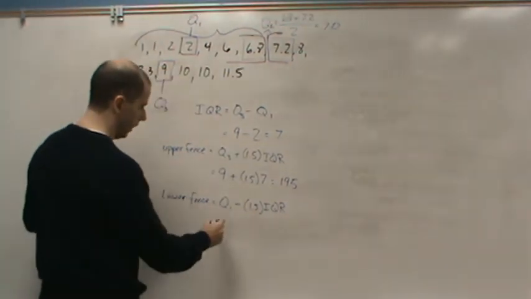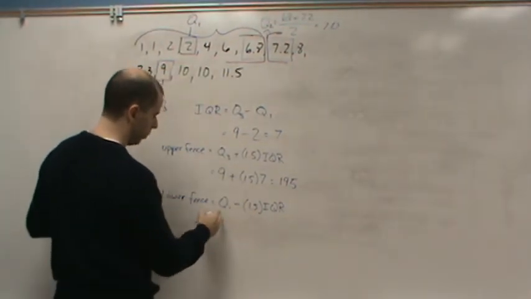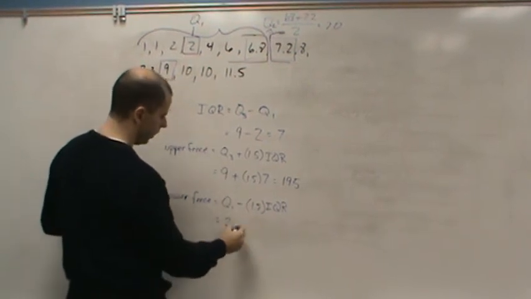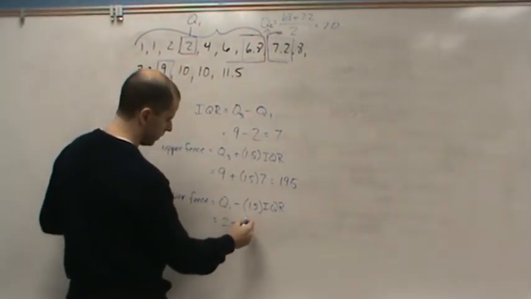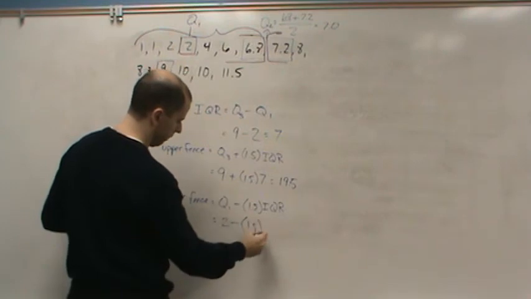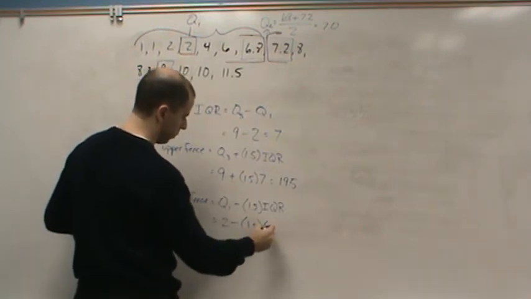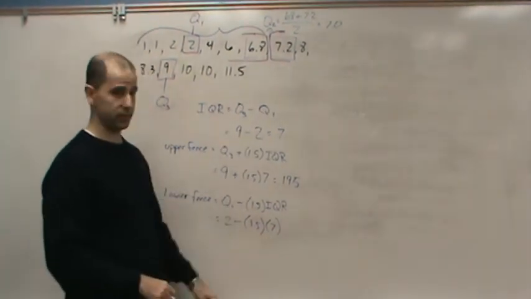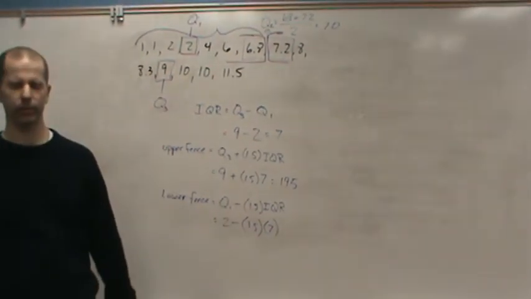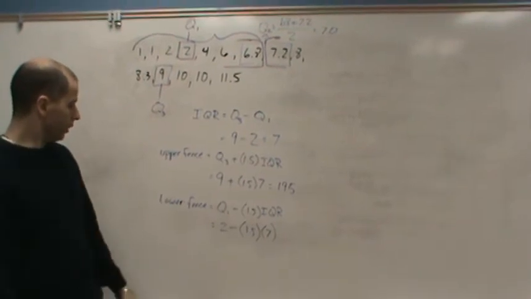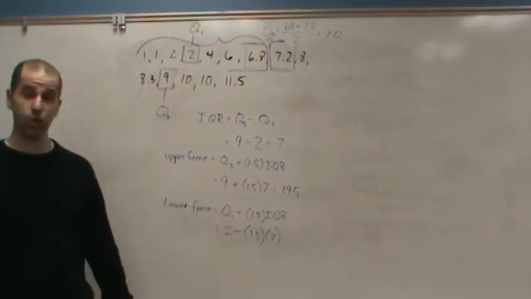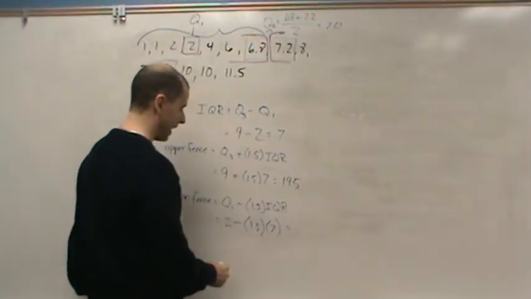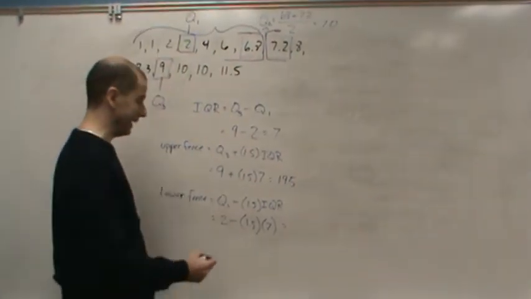And that's going to equal, what's Q1? 2. 2 minus 1.5 times the IQR, which is 7. Now this is still going to be the same number, 10.5. So now we're going to take 2 and subtract off 10.5. Well, what's 2 minus 10.5? That's going to be negative 8.5.